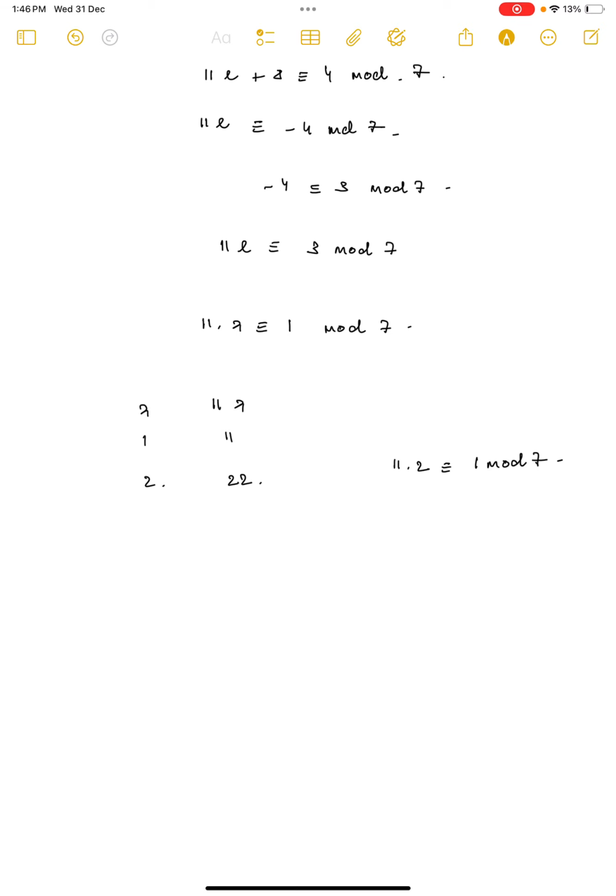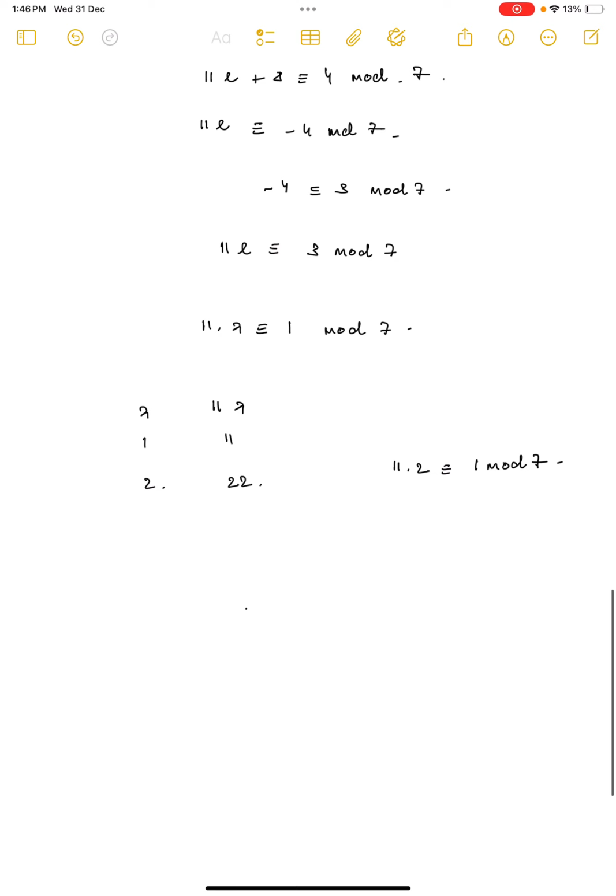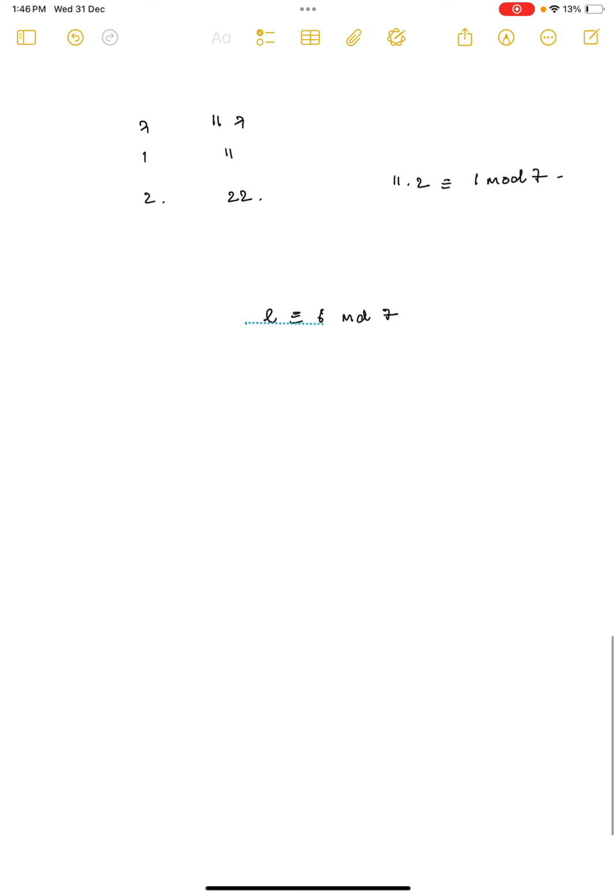So you have l congruent to 6 mod 7. So the smallest value of l is 6. The minimum value of l to satisfy this equation is 6.